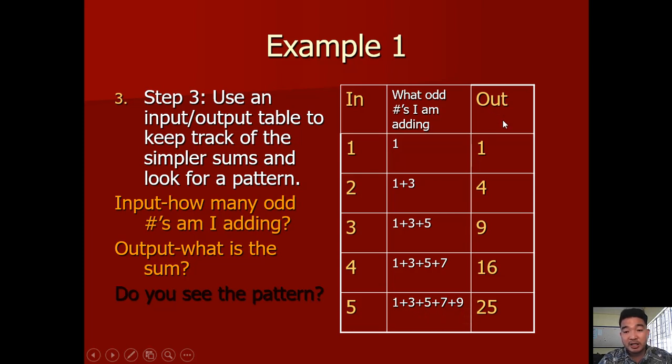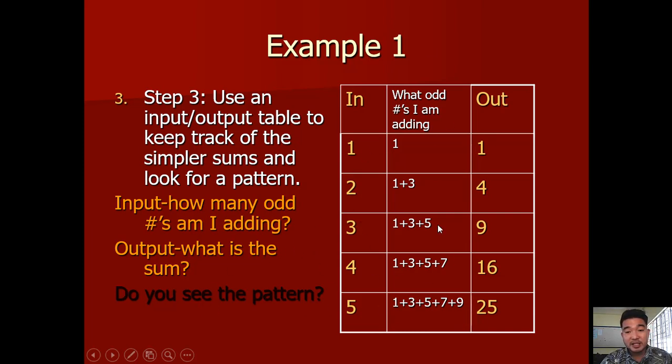And then your outputs are the following. For first, you have 1, second 4, for the third you have 9, for fourth the sum is 16, and for the fifth the sum is 25. The input is how many odd numbers am I adding, and the output is what is the sum.